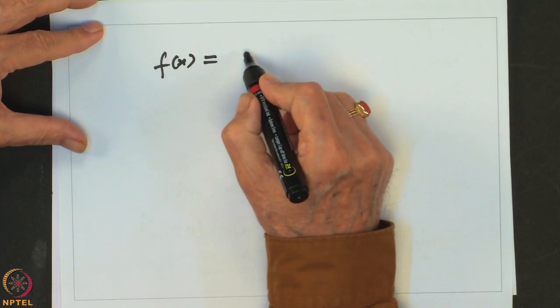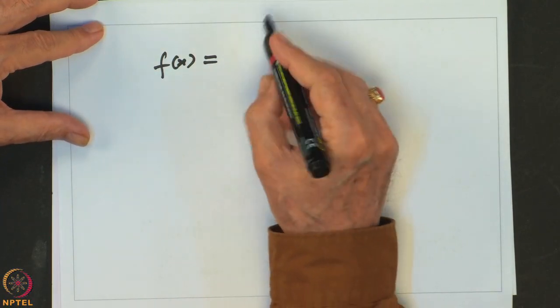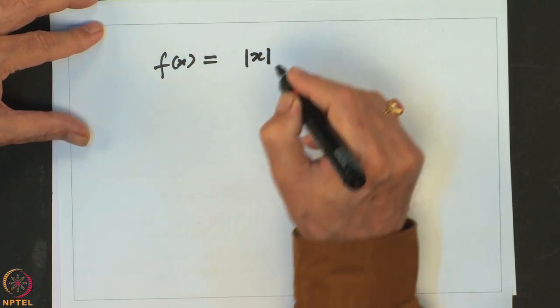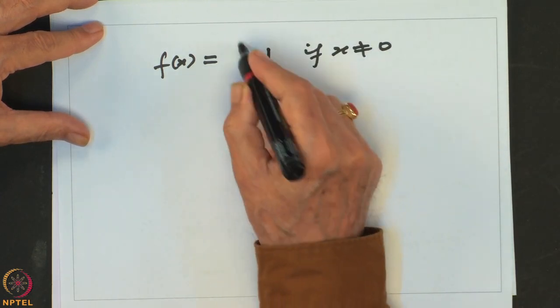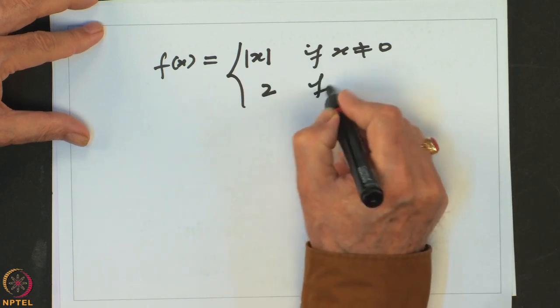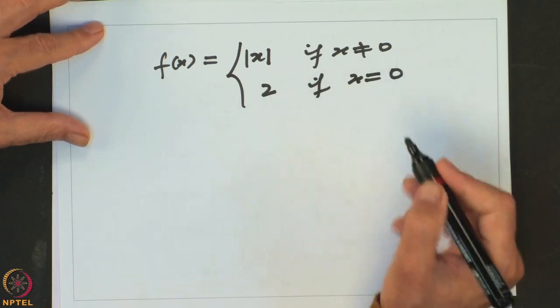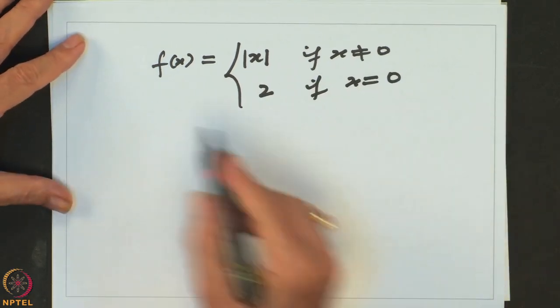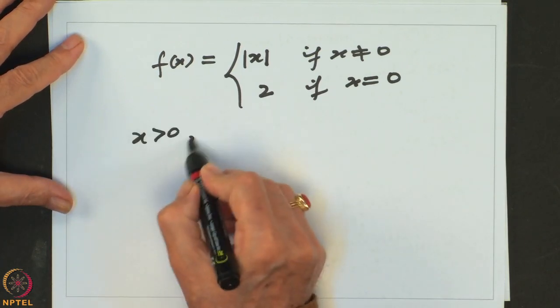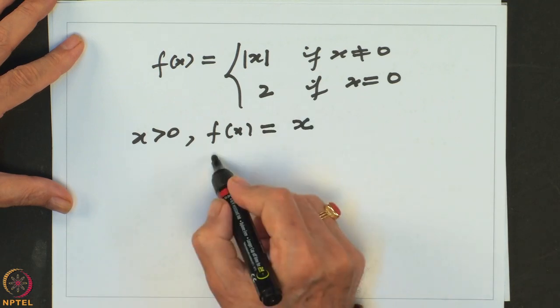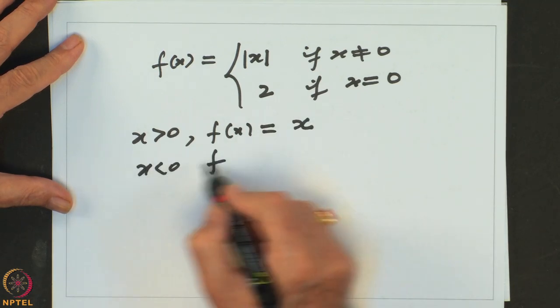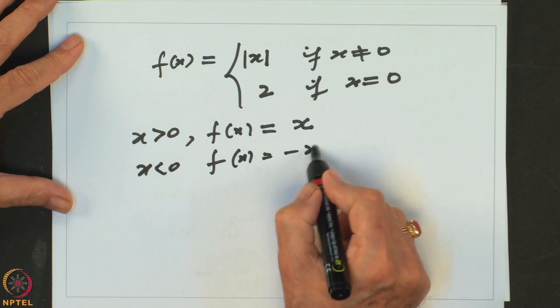Let us look at f of x. This is a good example, we have not discussed this earlier. Let us look at mod x if x is not equal to 0, and equal to say 2 if x is equal to 0. Okay. Then for x bigger than 0, f of x is equal to x, and for x less than 0, f of x is equal to minus x.